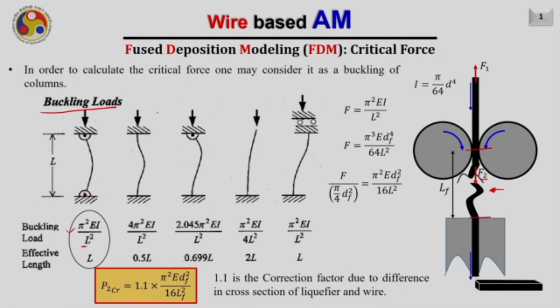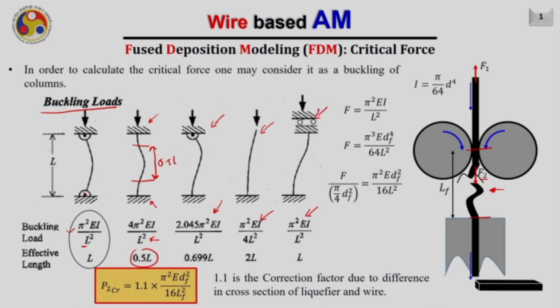In the other case, if the column is fixed at both ends, then the critical buckling load is 4 pi square EI divided by L square, where the effective length in this case will equal 0.5 L. Similarly, for different end conditions, the critical buckling load is given in this chart.